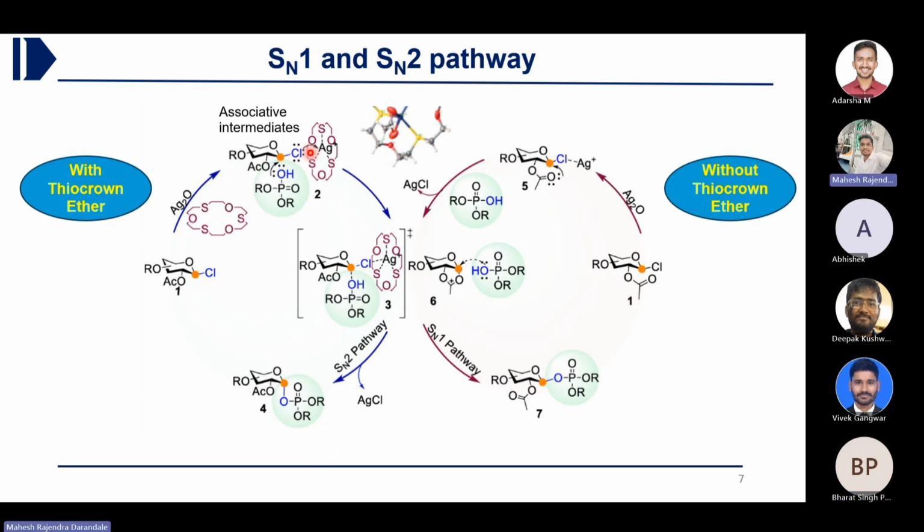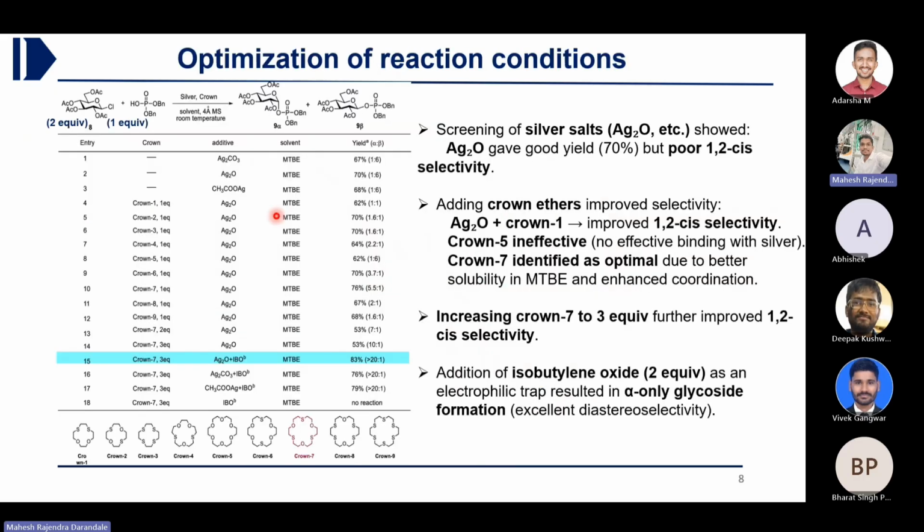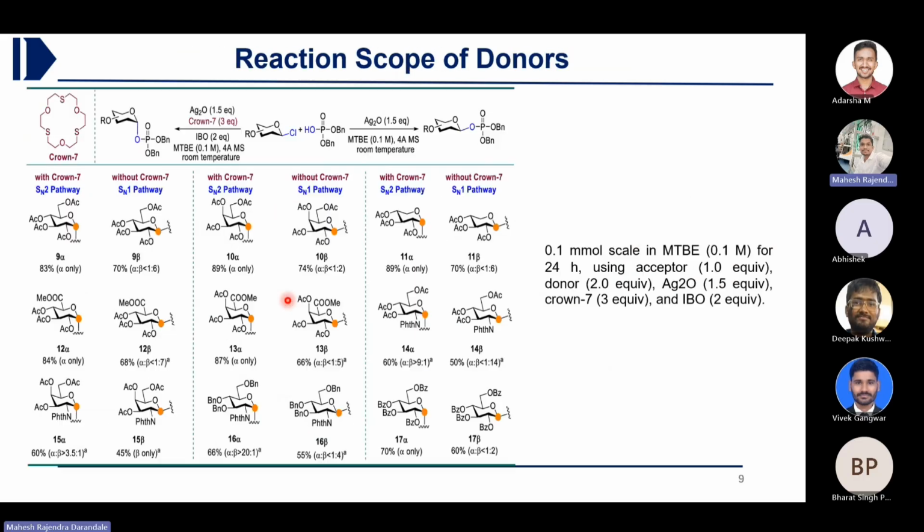So generally, in the normal Koenigs-Knorr reaction we are trying, we keep the reaction overnight, for example 8 hours, and in that case glycosylation is working. In the same case, they have mentioned 24 hours. Here you can see they are keeping the reaction 24 hours, then they are getting these results. That means at least 3 times.